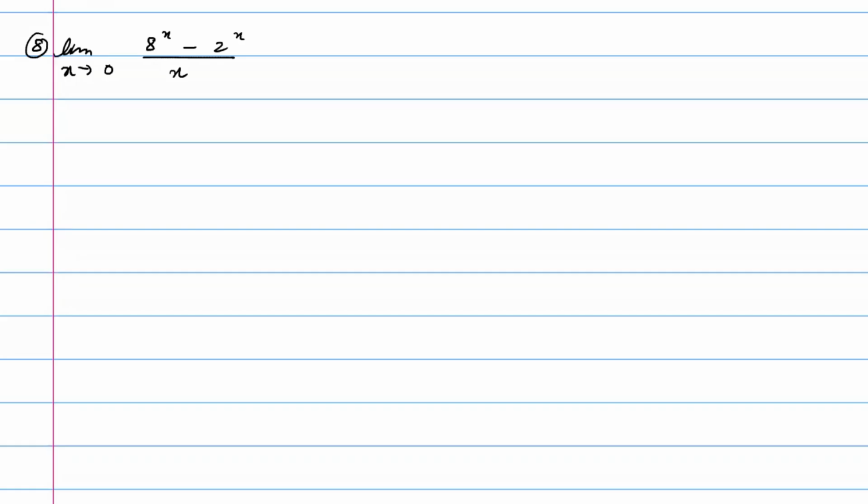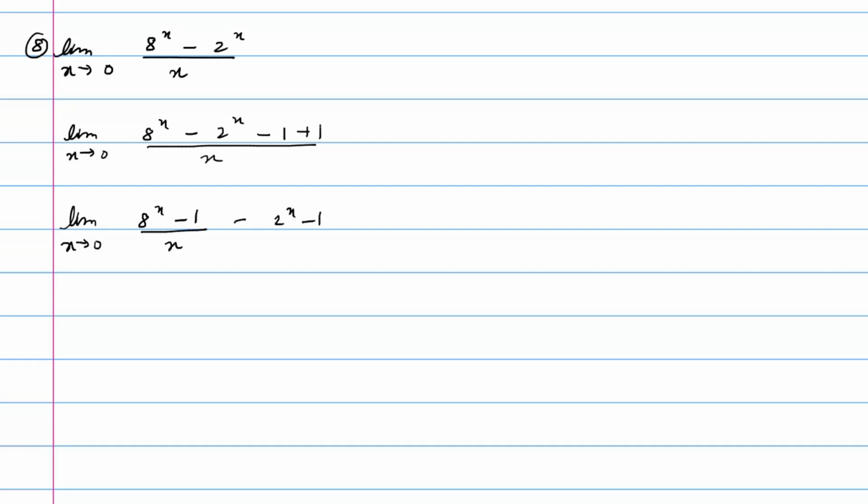Can you name the question which is similar to question number 8 from the questions that we have done earlier? Yeah, 3 part 1. Good. So what did we do in 3 part 1? What was our step? Limit x tends to 0, 8 raised to x minus 2 raised to x. We subtracted 1, we added 1. So limit x tends to 0, this is 8 raised to x minus 1 upon x, minus 2 raised to x minus 1 upon x.